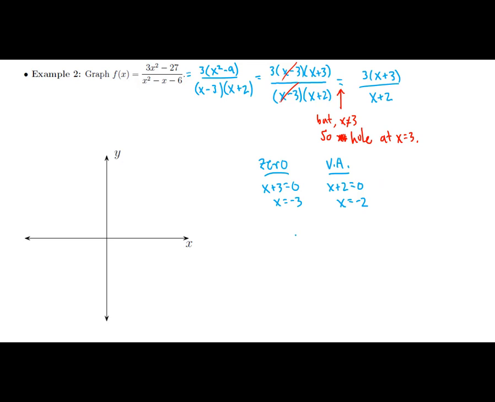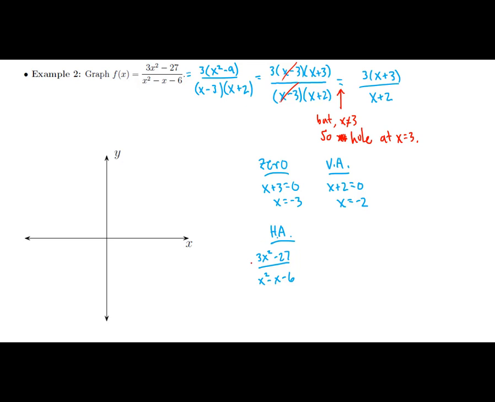And then let's do the horizontal asymptote, right? Remember the name of the game here: we take our original function. I could use the simplified version, but I'm going to use the original because when I'm doing this analysis, I like to have it all multiplied out rather than factored.